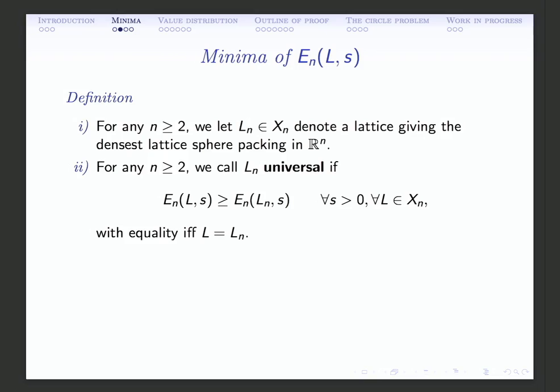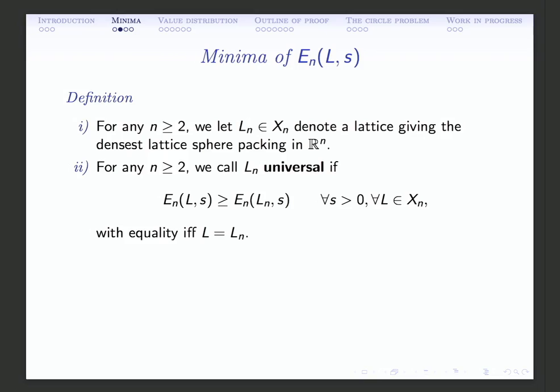I call this L_n universal if I have the relation from the previous theorem, that is, L_n gives a universal minimum of the Epstein zeta function, so that for all positive real s, it minimizes the Epstein zeta function as I vary over the lattice variable. That's what the theorem on the previous slide said.